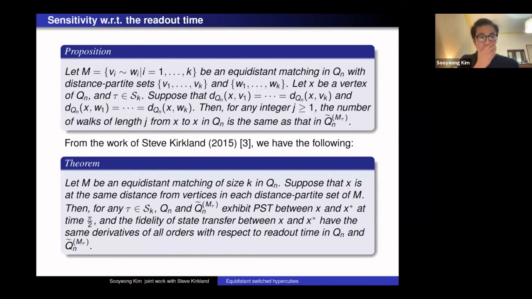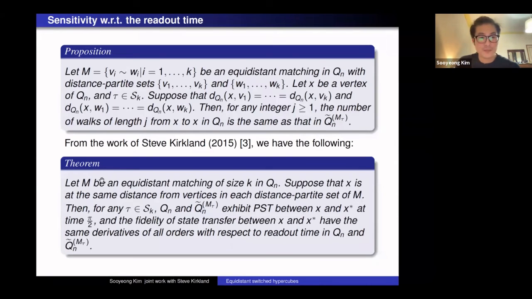Okay, now we have the hypercube and the equidistant switched hypercube, and they are not isomorphic. And they have PST between some pairs of vertices. We want to compare the sensitivity between those two graphs with respect to readout time and the edge weight.